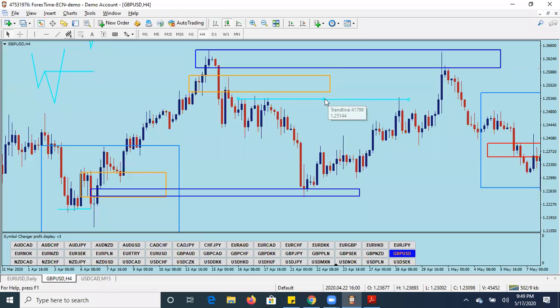What I mean is taking out liquidity around this point and also coming to a short-term liquidity pool again and taking out liquidity there, then it continues its move up, right?